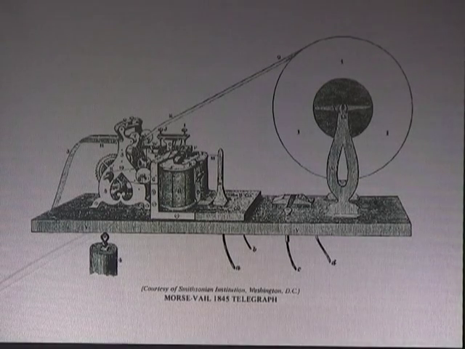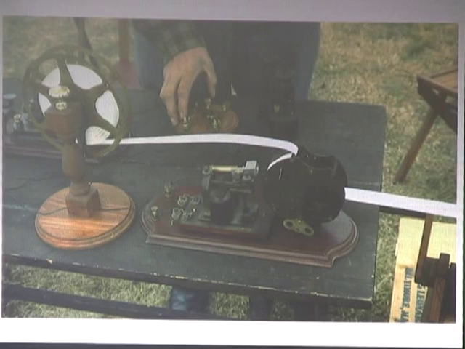So this round object on the right-hand side of the drawing is a reel of paper tape. What happened was this paper tape would roll past a stylus at a constant rate. If an electrical signal was telling that stylus to engage at a given moment, it would leave a dot on the paper.